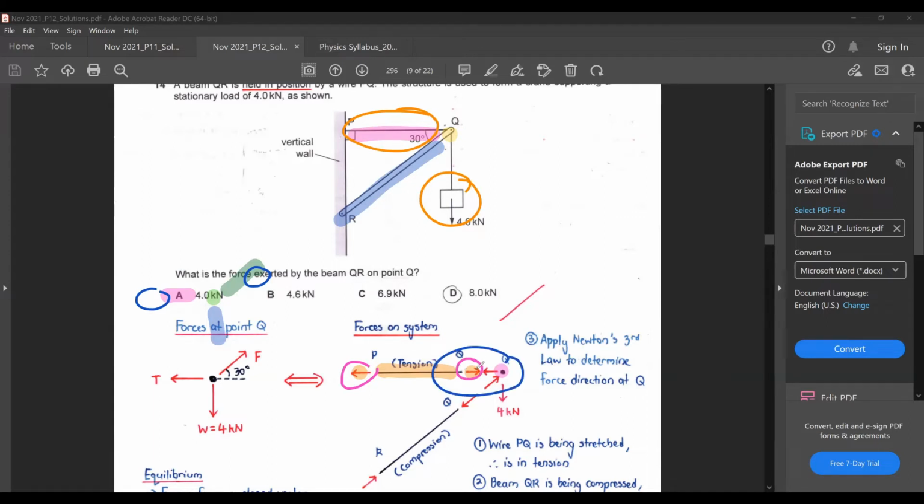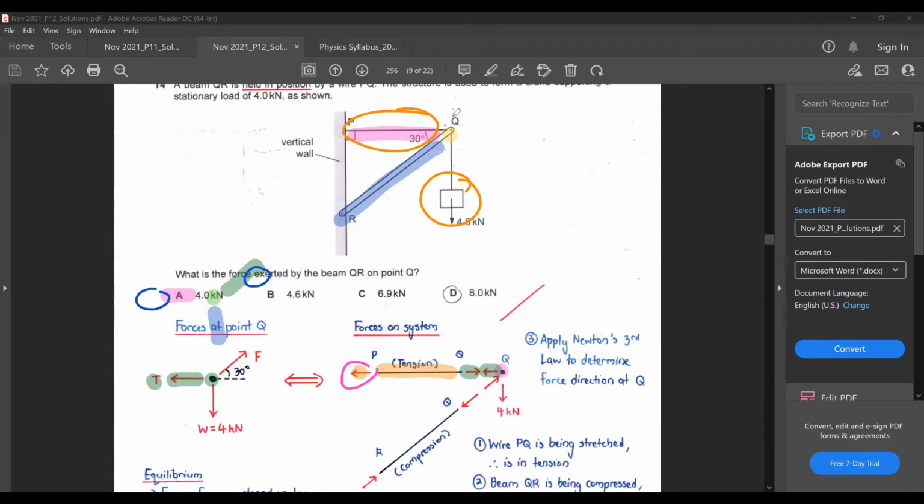According to Newton's third law, when two bodies interact, there will be equal and opposite forces on each other. So if on the wire my force is going towards the right, on point Q the force will be equal and opposite. So that's the reason why on point Q right now, my tension T is in this direction. Okay, so that one is for T.